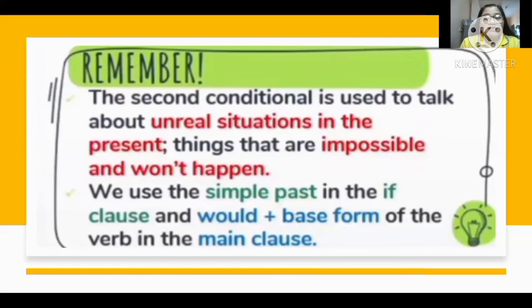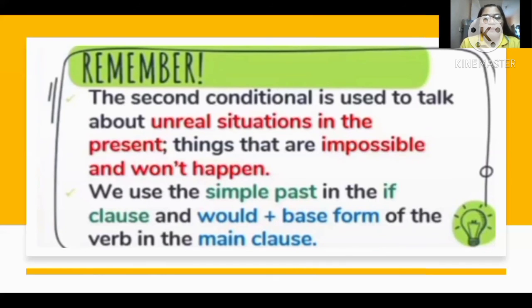Remember, the second conditional sentence is used for unreal situations in the present and things that are impossible and won't happen. We use the simple past in the if clause and then would plus the base form of the verb in the main clause.